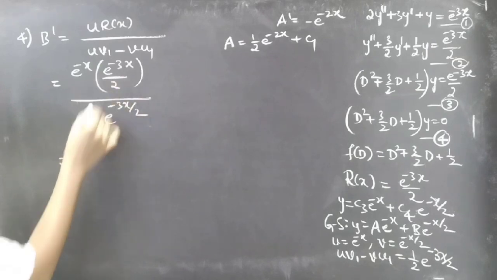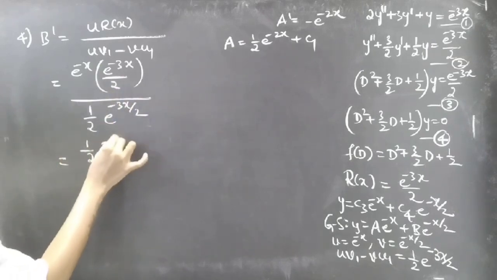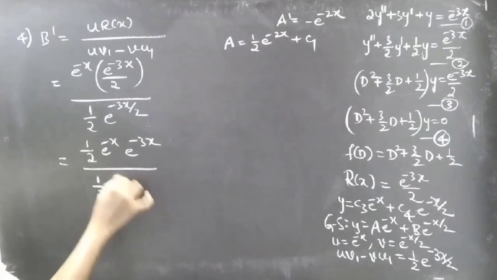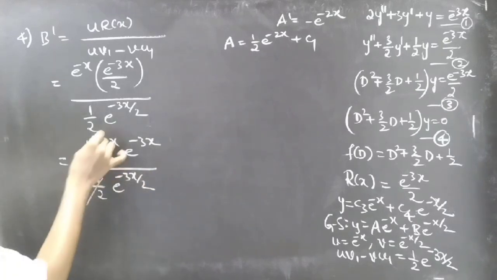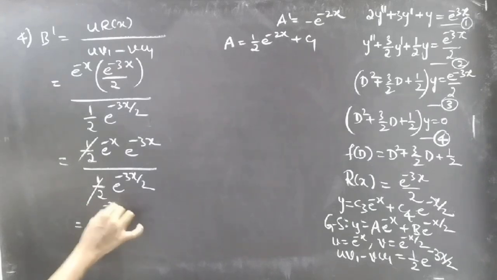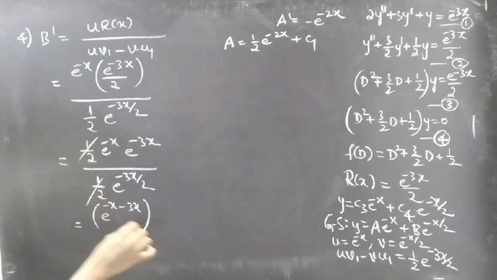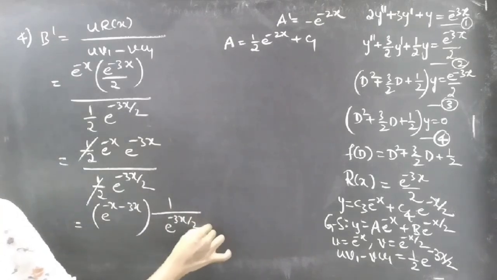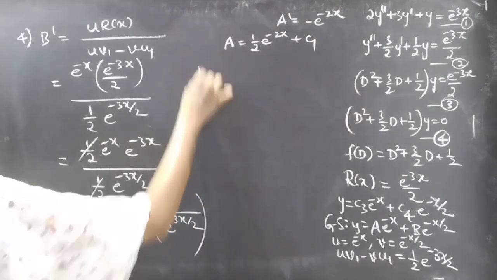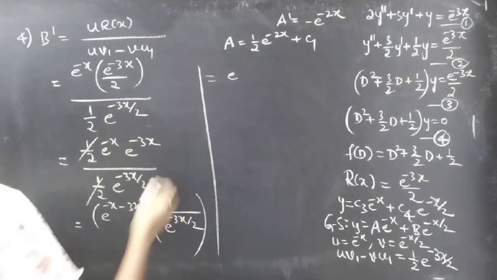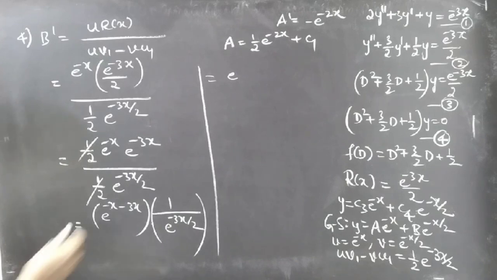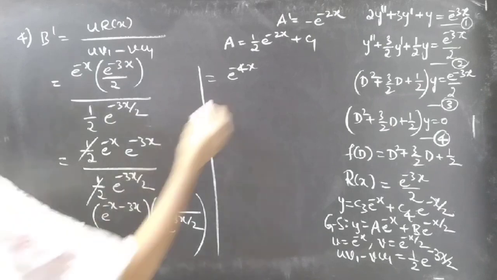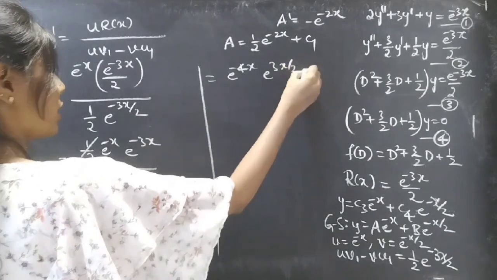You can write the numerator as 1 by 2 into e power minus x into e power minus 3x by 2, by 1 by 2 into e power minus 3x by 2. 1 by 2 gets cancelled and we can write the numerator as e power minus x minus 3x by 2, into 1 by e power minus x by 2, which gives us e power minus x minus 3x by 2, and reciprocal of e power minus x by 2 is e power x by 2.